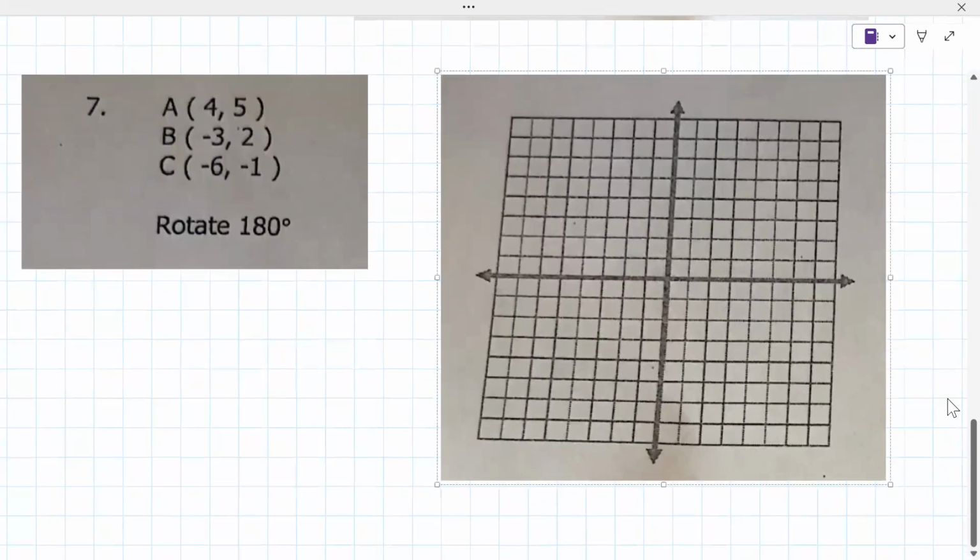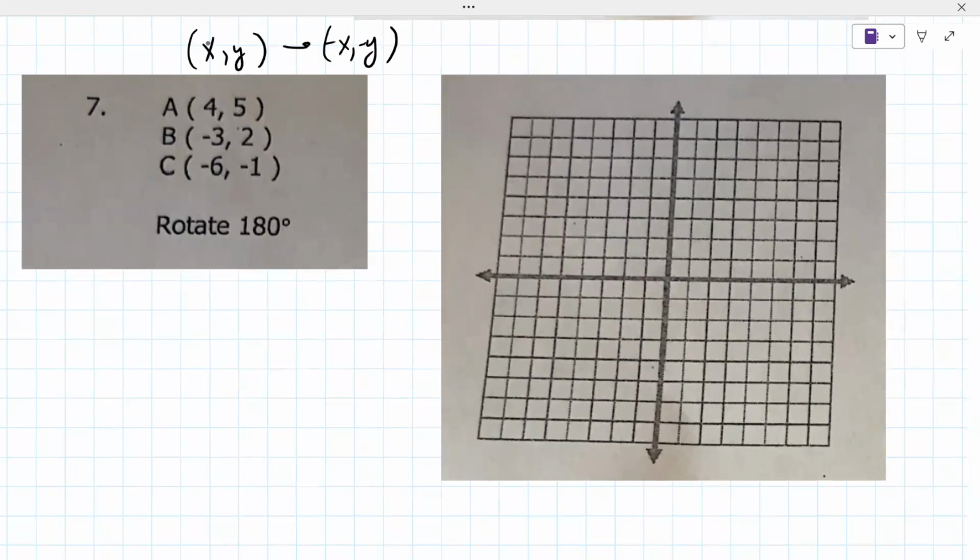Or maybe you've got it in your notes. Negative x, negative y. Yeah, (x, y) goes to (negative x, negative y). That gets you there. So give me the new coordinates here. Give me A prime, B prime, and C prime, please. A prime is -4, -5.